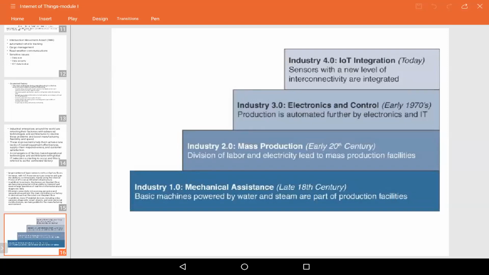And then we spoke about the application of intersection movement assistant and the connected car. What are all the routers, sensors, how the connectivity happens, and what are the challenges. And then the last topic which we covered is the connected factory, comparing traditional factories with IoT-enabled factories, and what are the challenges that they are facing in production.